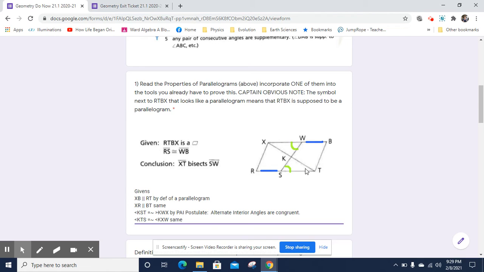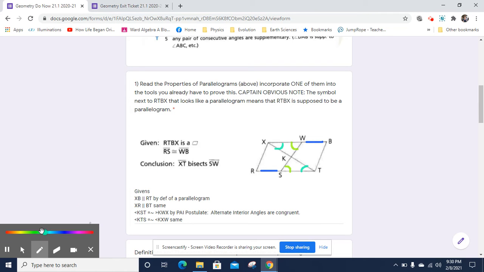Because XT is a transversal for these two parallel lines, KTS and KXW are alternate interior angles. So let's pick a different color for that. We'll use light blue. We're almost there. We've almost got a couple of congruent triangles that will help us prove that KS and KW are congruent.